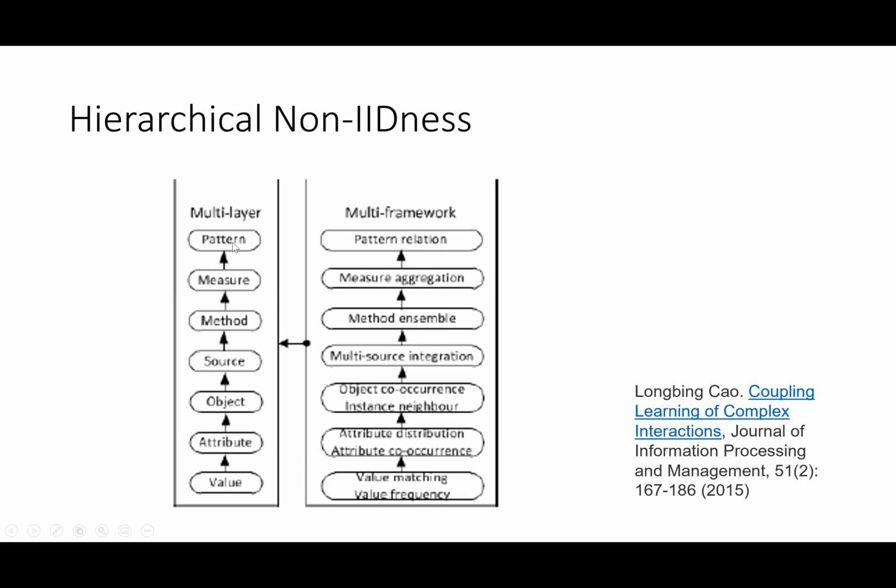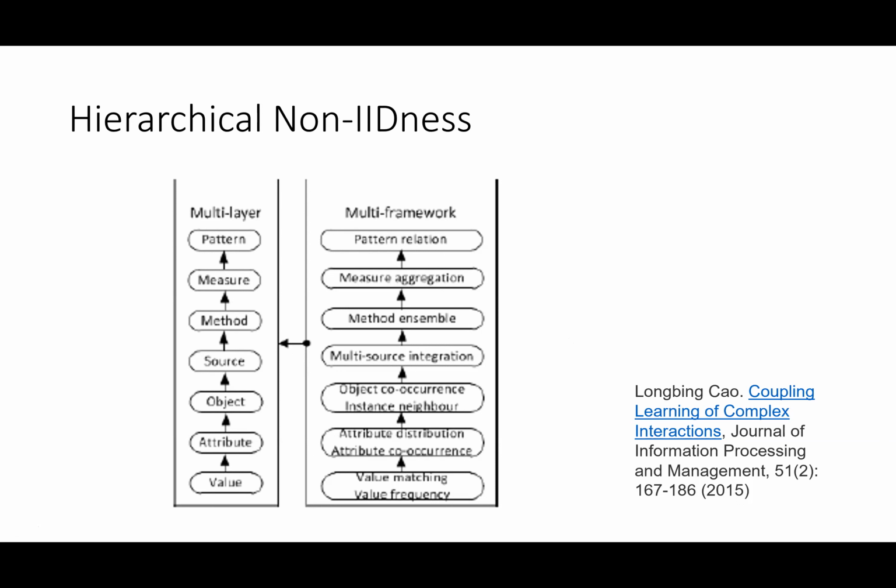Patterns broadly refer to the learning results after evaluation. So the non-IIDness could appear in some of the stages or over the whole hierarchy. And I think if we can consider this a little bit more at the inner level, there you could see a great opportunity to make a so-called innovation, right?